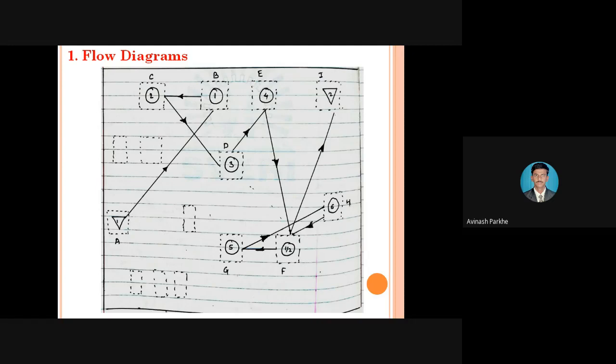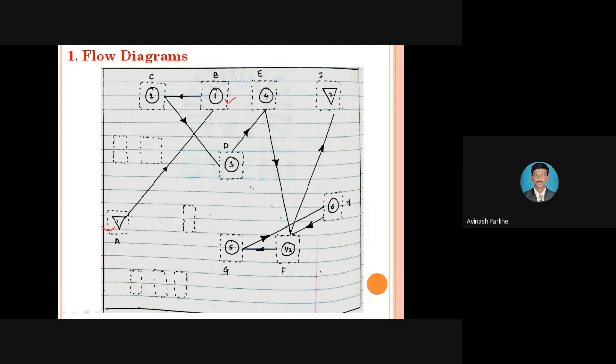If you go through this figure, some standard symbols are there. For example, this is the storage symbol. Then the circle represents the operation symbol. In that circle, some numbers are also represented: 1, 2, 3, 4, 5, 6, 7.